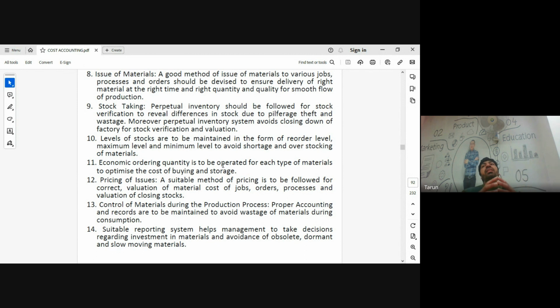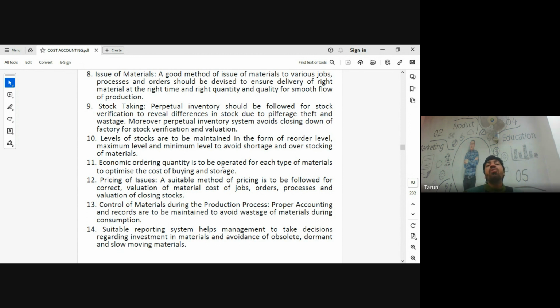The difference between the time periods, that is the reorder level. The maximum limit and the minimum limit ensure these are the levels that a particular organization has to follow. Why? Because to avoid any over storage, or you can say overstock, of the materials.